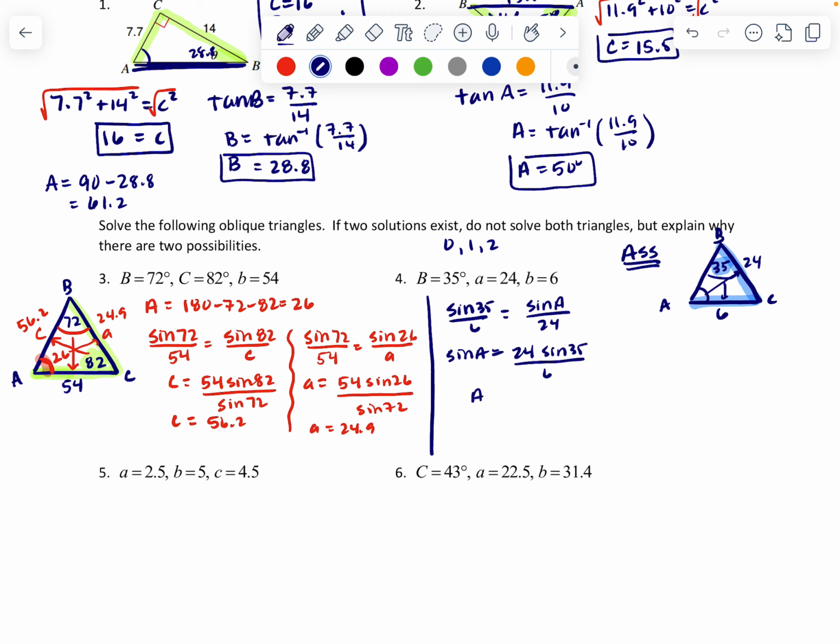And remember, to get rid of that sine, I'm just going to take the sine inverse. So it's sine inverse of 24 sine of 35 all over 6. Putting that into my calculator, second sine inverse of 24 sine of 35 divided by 6. This gave me an error, which is okay. That means there's no solution. Basically this means that you cannot draw a triangle that looks like this.